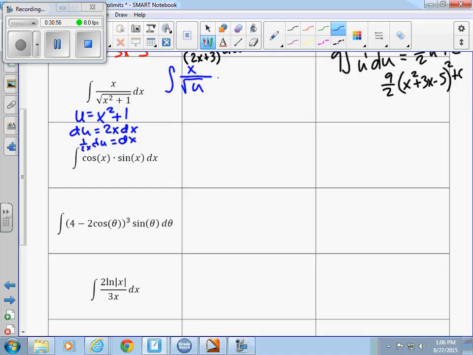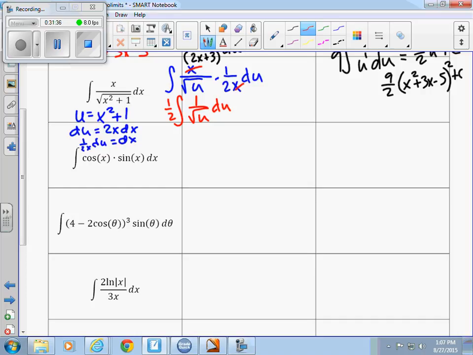And so this piece, let's see, I get the integral of x over the square root of u times 1 over 2x du. As it sits, I've got 1/2 square root of u du.